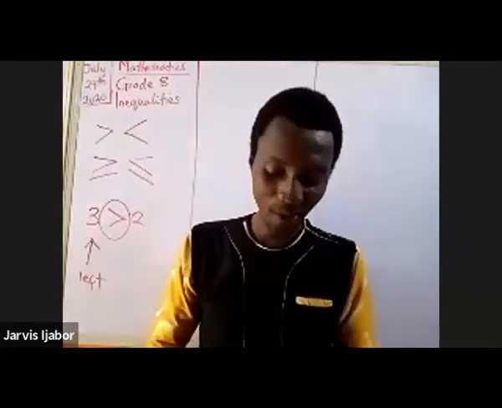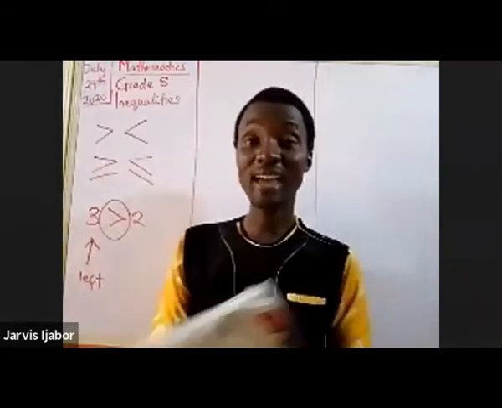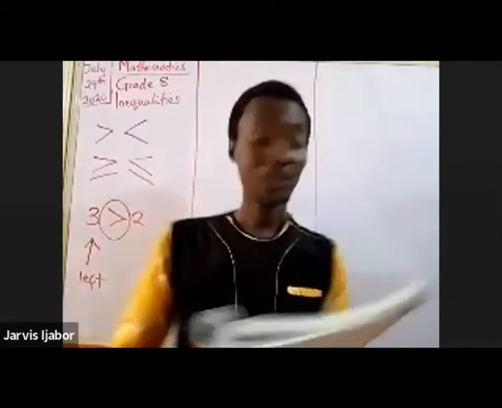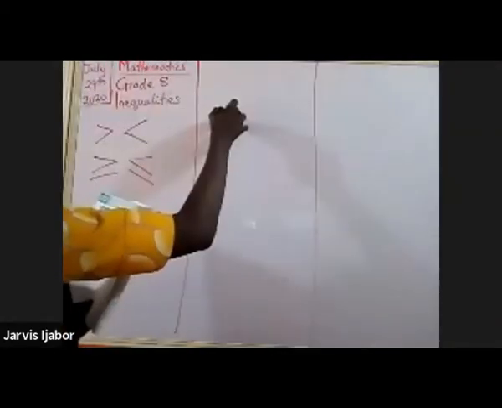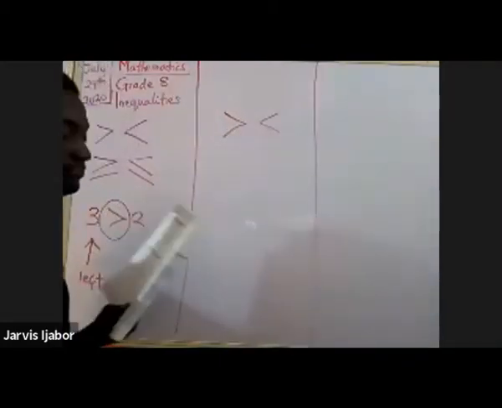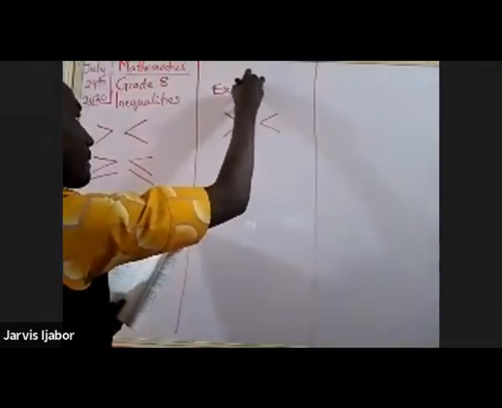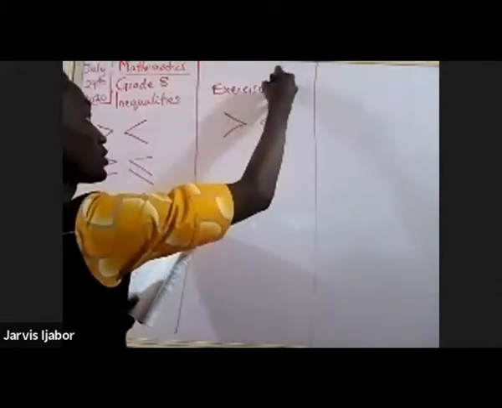All right, so let's go to our exercise. Use either greater than or less than, use either this sign or this sign. So let's start with where you're coming from, greater than, less than. Question 1, exercise 22A.